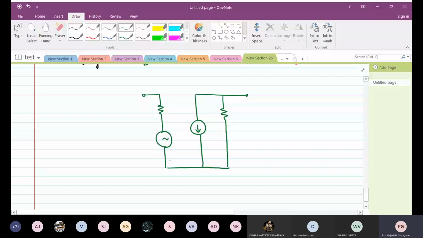This is your base, this is the collector. Now I am having a slight variation here. This is your AC ground.